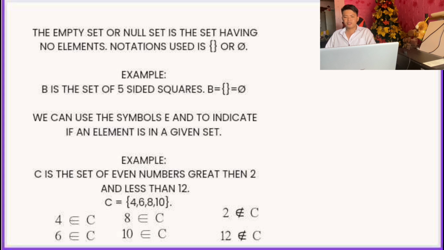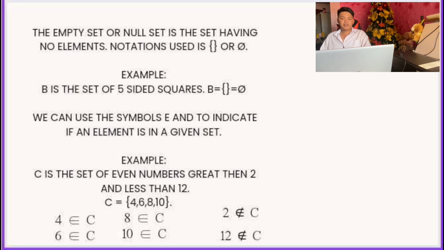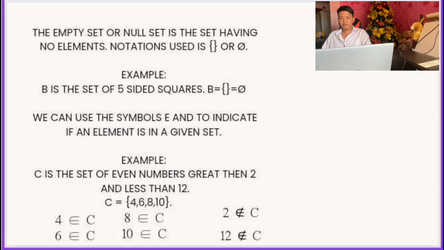We can also use these two symbols here to indicate if an element is a member of a given set. For example, set C is the set of even numbers greater than 2 and less than 12. Let's first identify this set using the roster method. We can't include 2 because 2 is not greater than 2. So we have 4, 6, 8, 10.